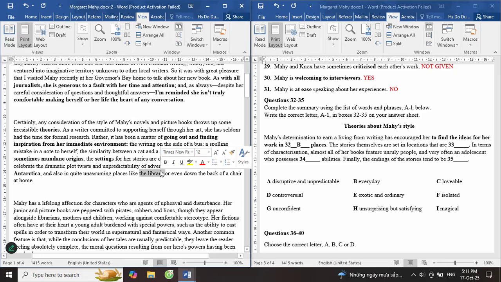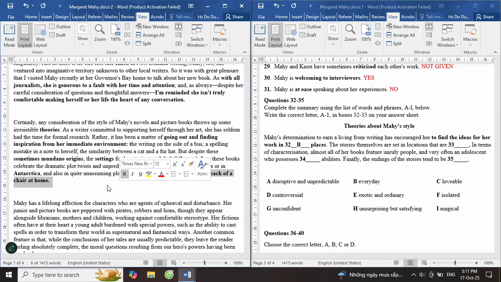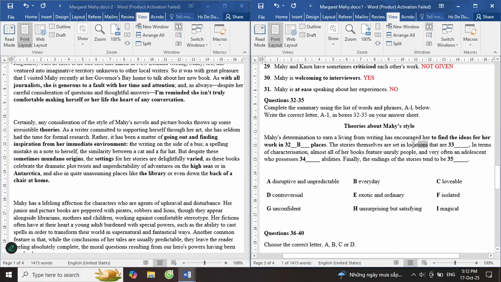Or library, back of the chair at home. So we are talking about location, right? The location of the story. And here they said mundane origin, settings varied, meaning various, different.